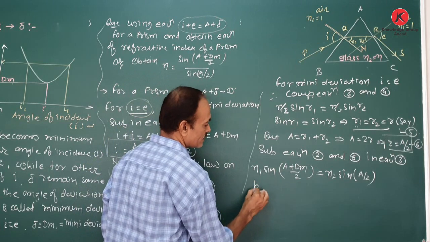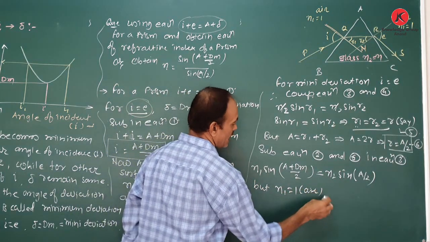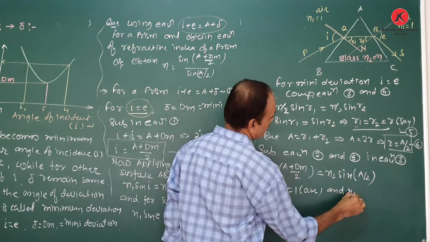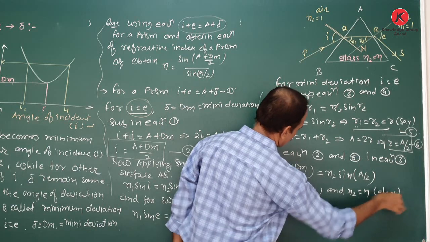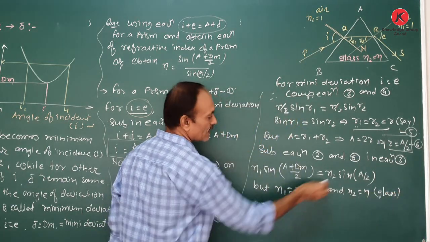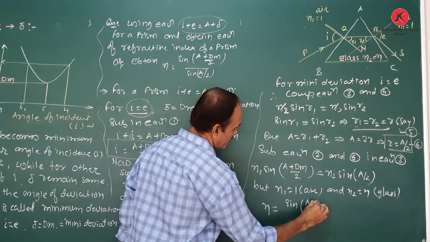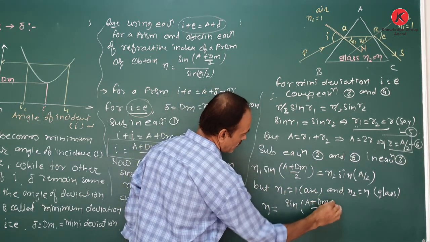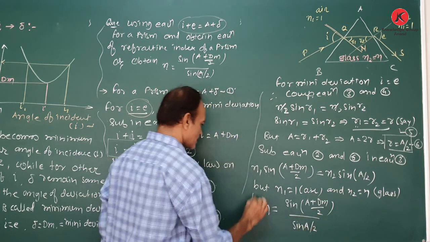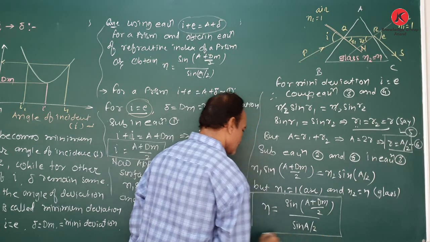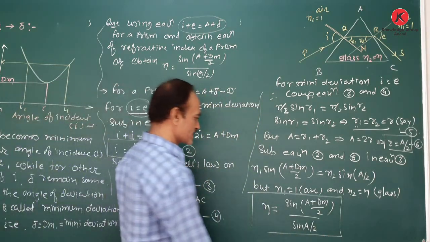But we know that N1 for air is 1 and N2 is equal to N for the prism of glass. Therefore, N is equal to sin of A plus delta M by 2 upon sin of A by 2. So, this is the required equation that represents the refractive index of the material of a prism.